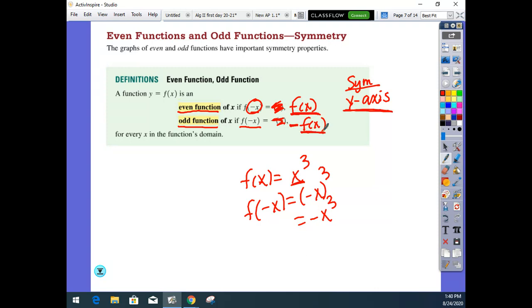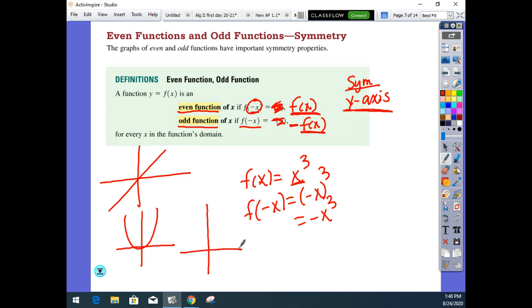What does x to the third look like? Maybe let's think about x to the first, a straight line. x to the second, a parabola. x to the third takes the straight line and just kind of wiggles it. It has some of the same properties though. The left side goes to negative, the right side goes to positive.